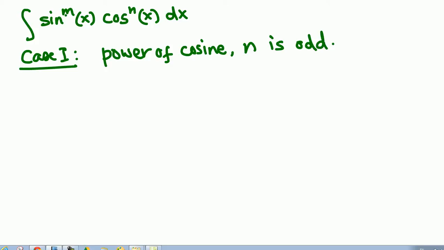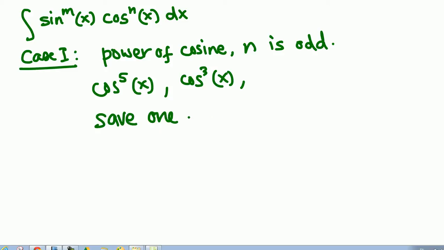regardless of m. In that case, when n is odd, we might have cosine 5x, or cosine cube x, or 7, 9, 11, etc. We have to save one cosine.